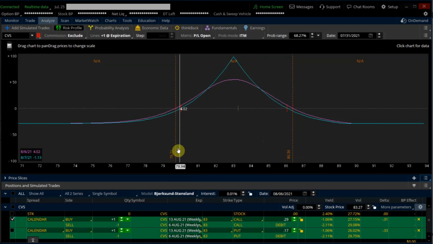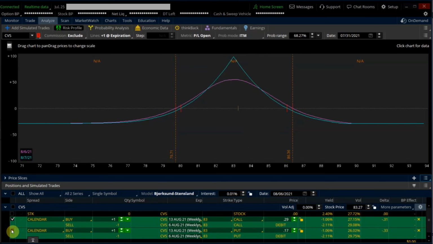That's because with the key support level here and the key resistance level here, there's a very high chance that prices will remain within this range, at least for the next 2 weeks before the earnings are released. So definitely this is one of the opportunities that I will likely enter because this falls very nicely within my profit zone.